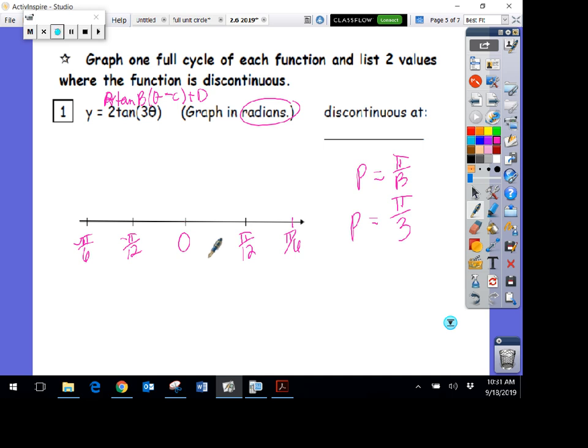And our y-axis is in the middle. We have our asymptotes out here on the ends. Our vertical stretch, A, was our vertical stretch. Up to, down to. Again, I usually always plot my middle point first, and then I know it's tangent.